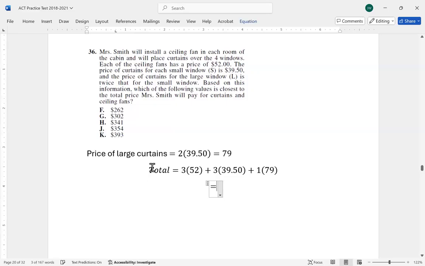And so the total amount of money would be $353.50. So which of the following values is closest? Well, there's no $353.50 here, but there is a $354. So $354 would be the closest value, and that is option J.